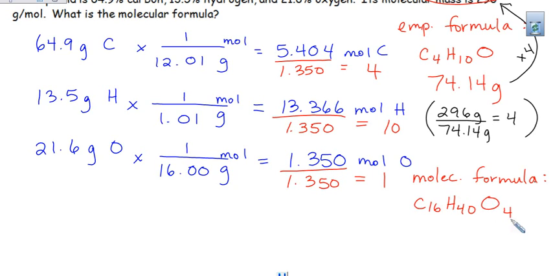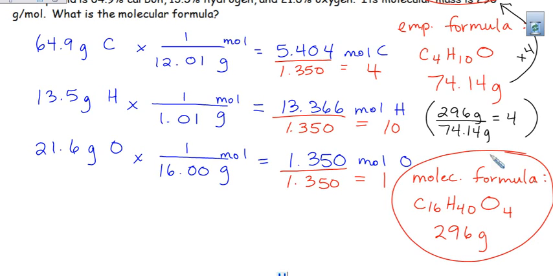And if I want to double check and see if that's right, if I plug that into my calculator, 12 times carbon, 40 hydrogen, and 4 oxygen, bingo, it is approximately 296. Perfect. There's my molecular formula. Look at it, it's just a larger ratio of the little empirical formula, usually used with covalent compounds that don't have a simple ratio, because they do exist sometimes as giant molecules.